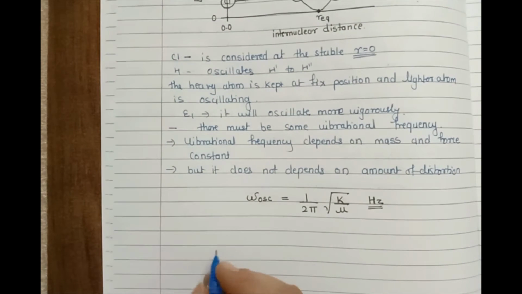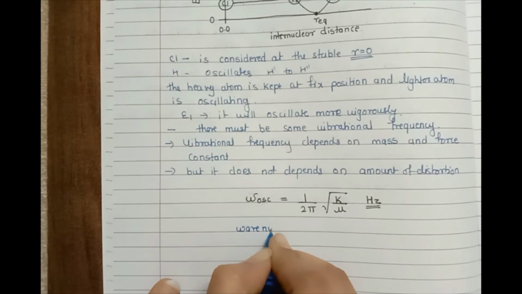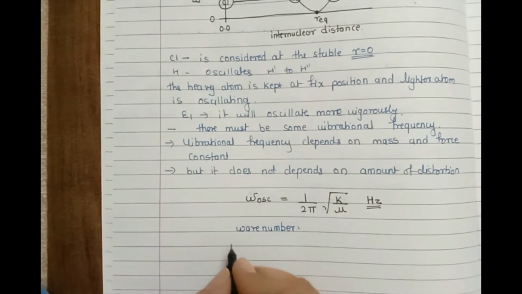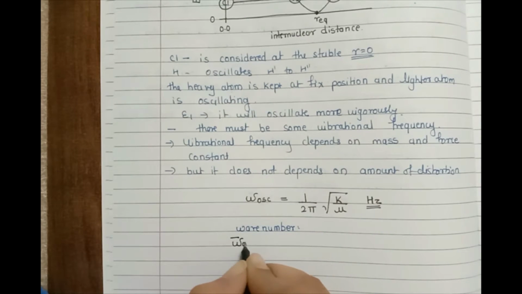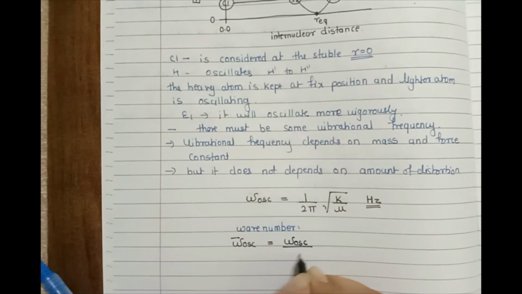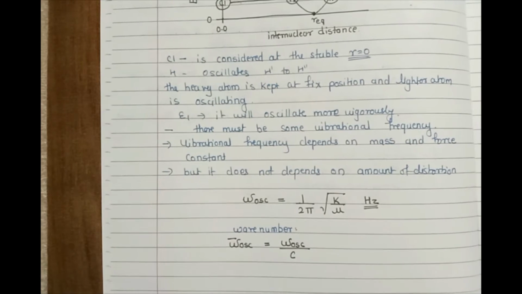So when we convert it into the wave number, that means omega oscillation bar. It is denoted by bar. Which is equal to omega oscillation upon c, where c is the velocity of light.